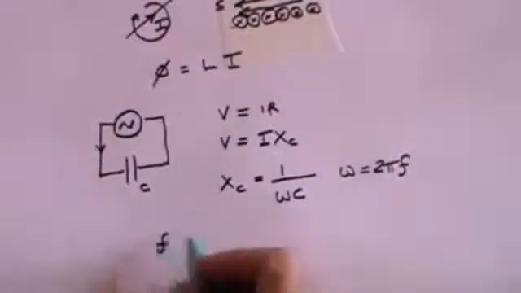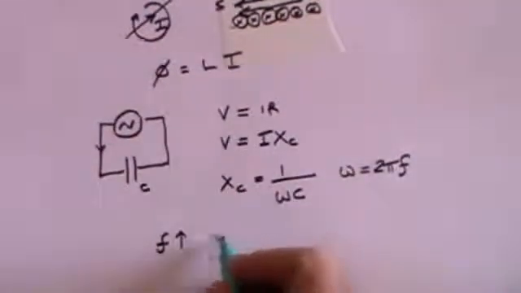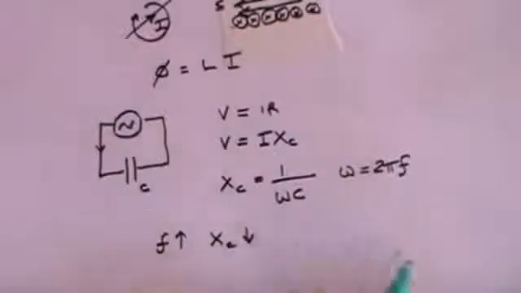So as the frequency goes up, the reactance will go down. So unlike a resistor, which doesn't care what the frequency of the AC is, when it comes to a capacitor, the actual resistive effect of the capacitor depends on the frequency of the alternating current.